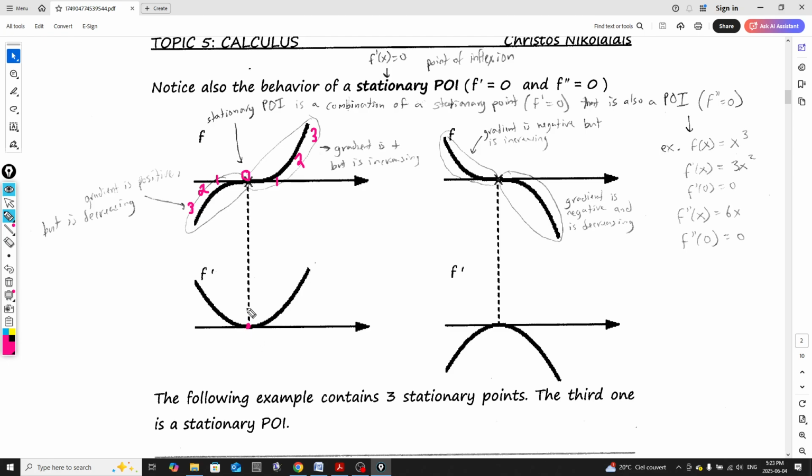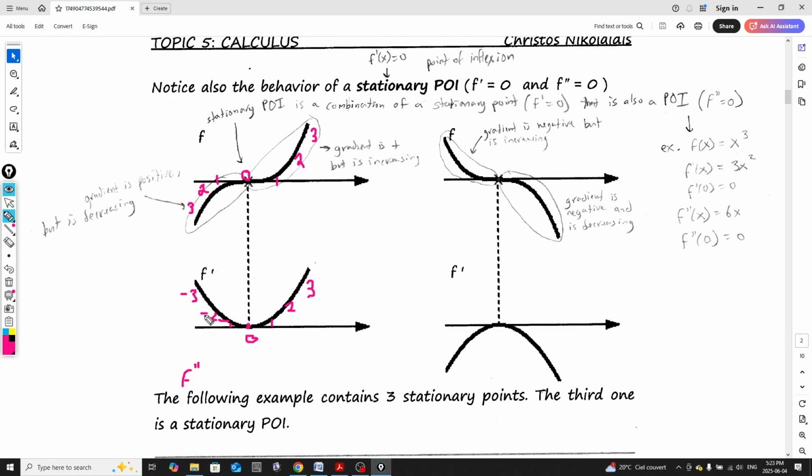And then finally, if you were to take that and differentiate it one more time, right? So the slope right here is -3, -2, -1, 0, 1, 2, 3, and so on. And those again become the y values on the graph of f double prime.